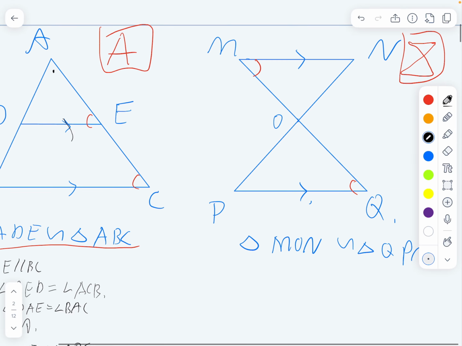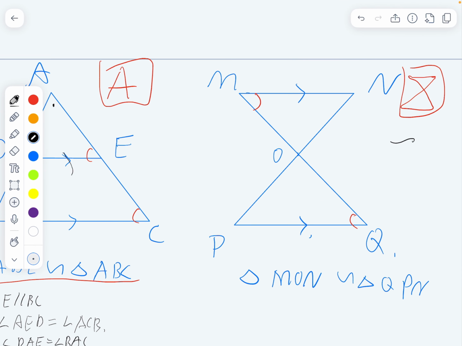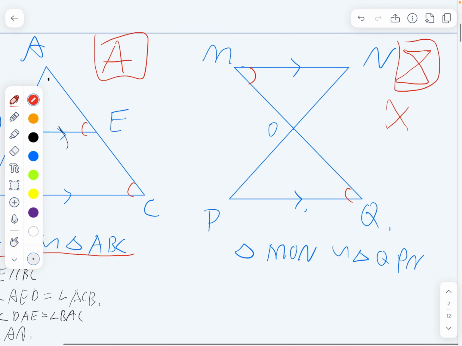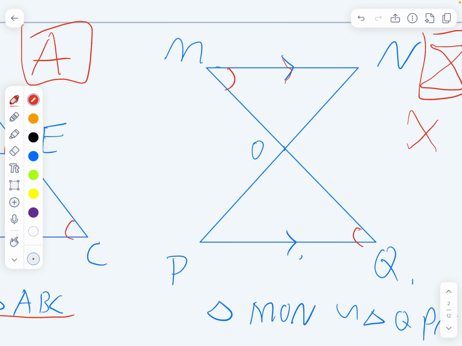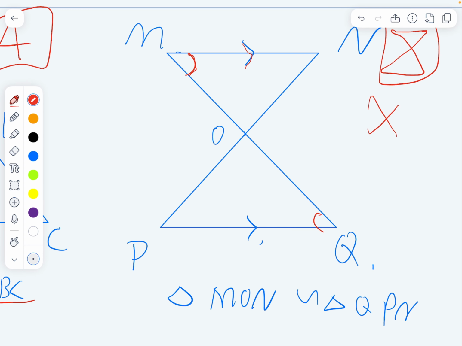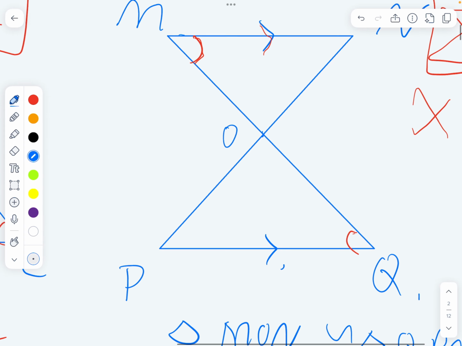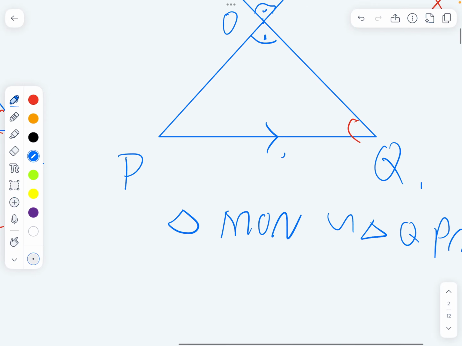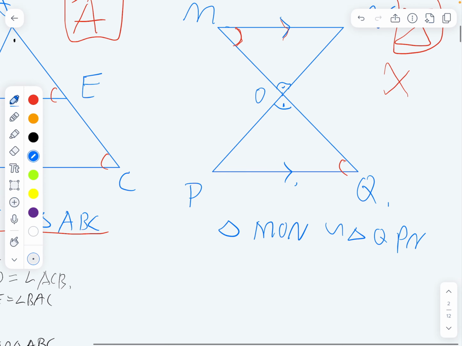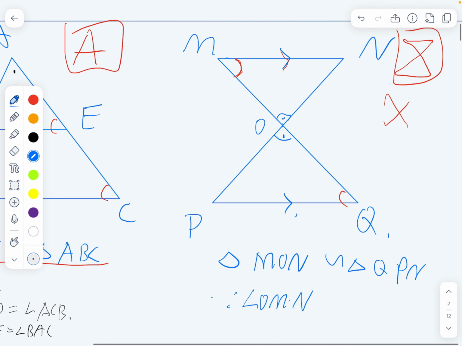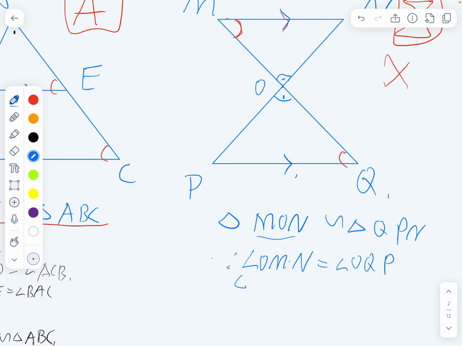Now let's talk about the second type, called the X type. Here MN is parallel to PQ, so we can get angle M equal to angle Q. Also the two angles are the same, so we can use the two-angle condition. Angle OMN equals angle OQP, and angle MON equals angle QOP.